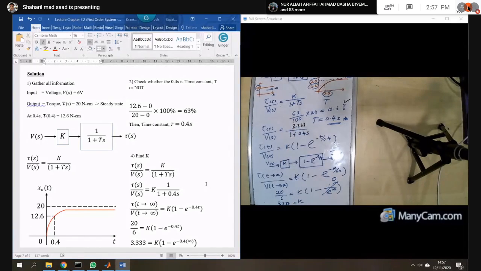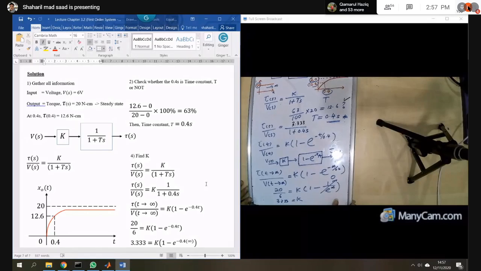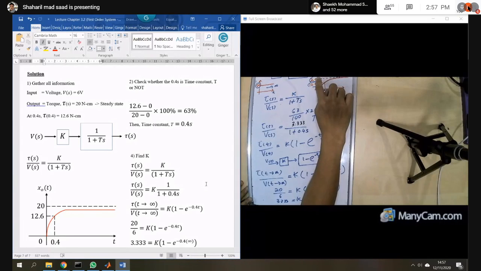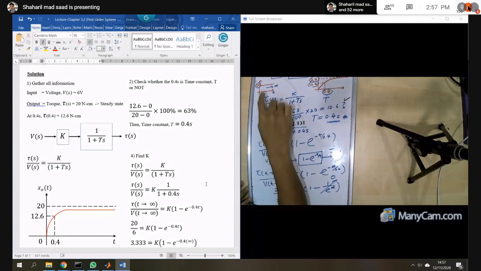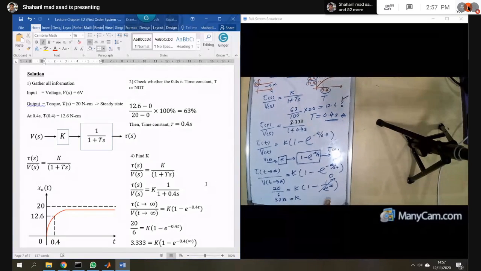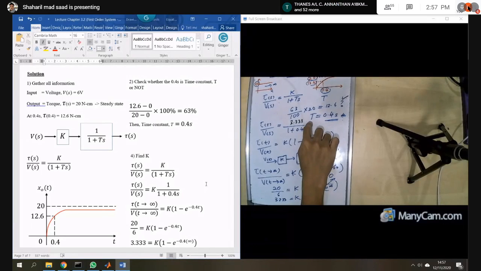When t goes to infinity, the final value is 20 and the input is 6. That's how you get the K value of 3.33. So the transfer function is 3.33 over 1 plus 0.4s.